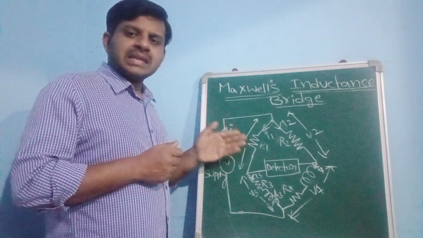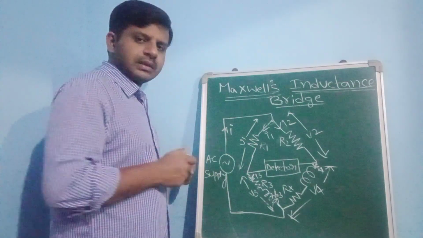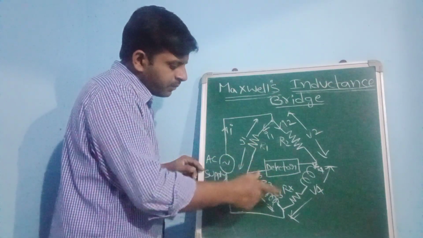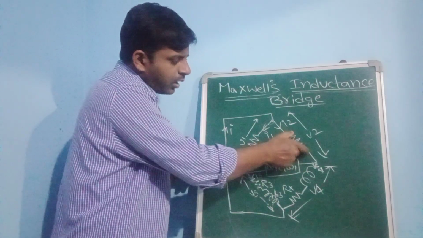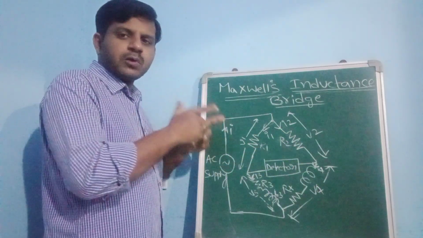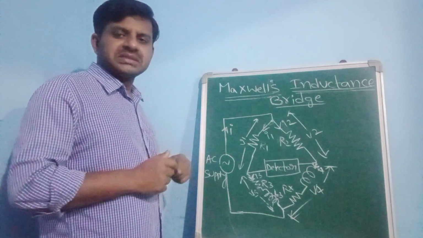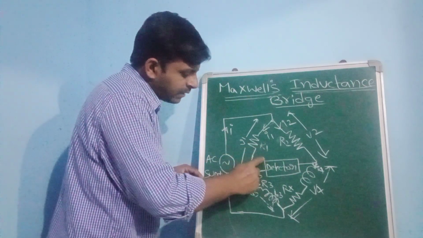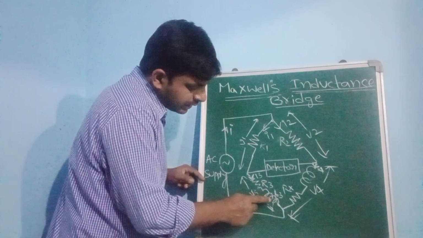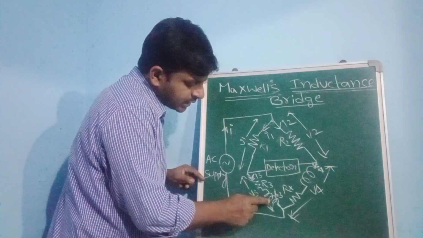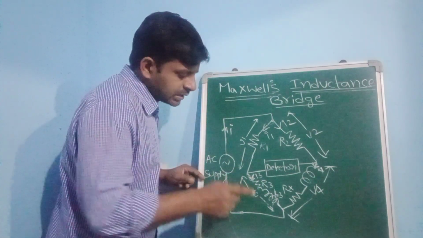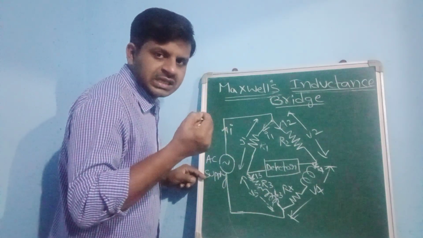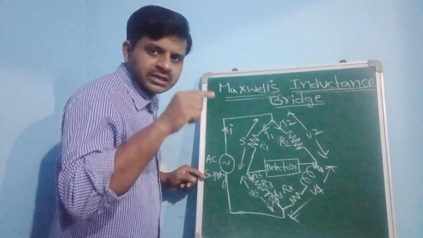Coming to the balancing equation, the ratio of R1 by this arm is equal to R2 by this arm. Then only do we get the balanced condition. On this arm side, the ratio R1 by R3, where the inductance is a known parameter, so it internally contains some small resistance, which we assume as small r.